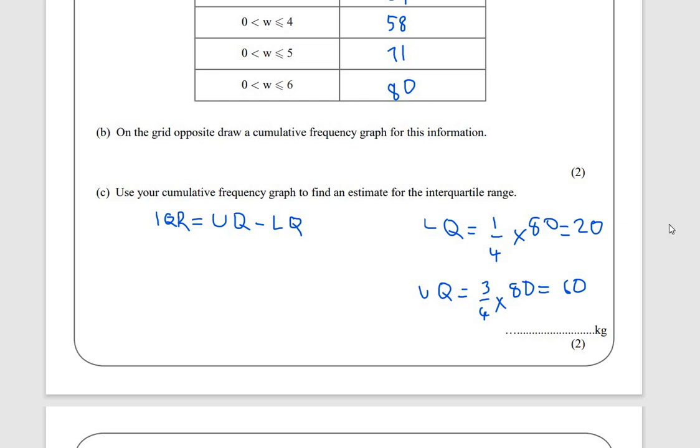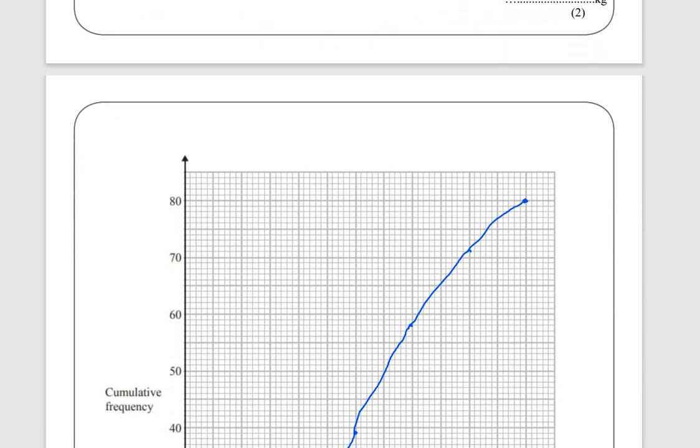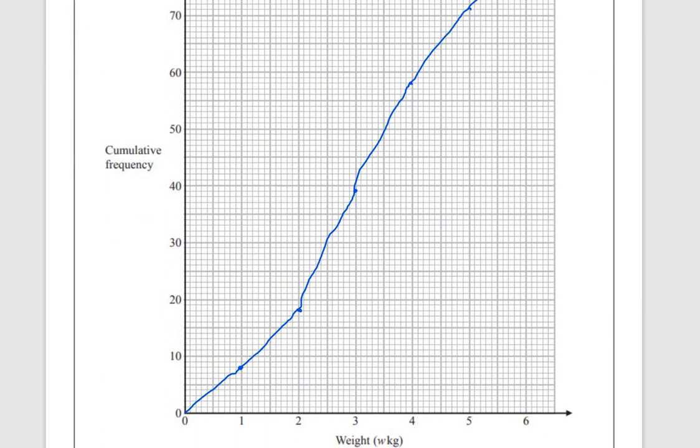All right, so now we need to go back to our graph and find the numbers for lower and upper quartile. So the lower quartile was at 20. So you need to take your ruler and draw a nice straight line and then come down so it's going to hit at 2.1.